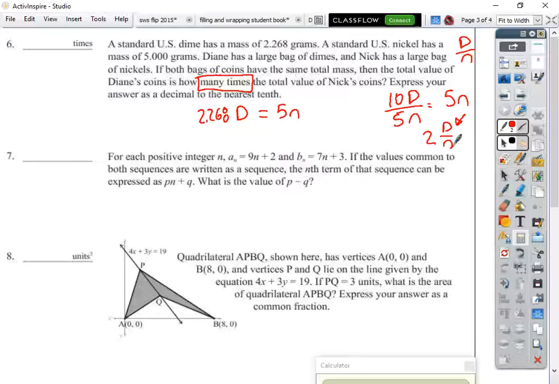So, to get dimes over nickels, I'm going to start by dividing 2.268 from both sides.